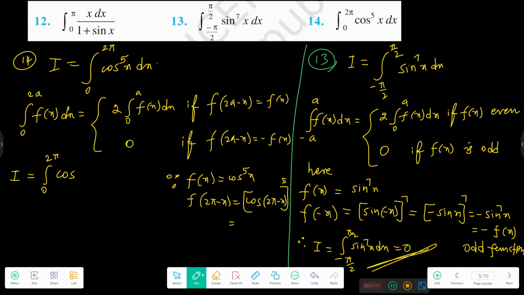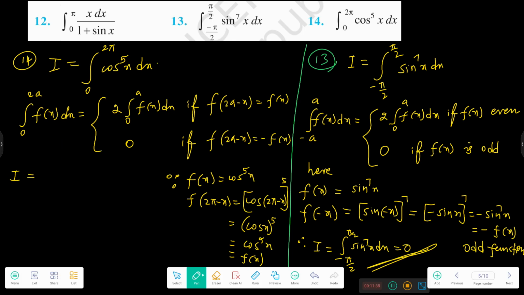What is 2 pi minus theta? 2 pi minus theta is in which quadrant? Fourth quadrant. Cos is positive. 2 pi, no change. So cos x whole power 5 we will get, which is cos power 5 x. That is f of x. F of x, no change. You can write like this.